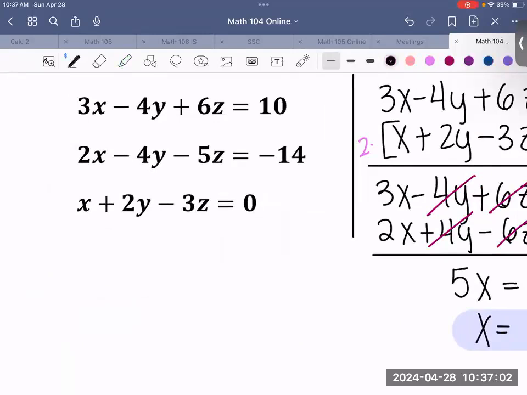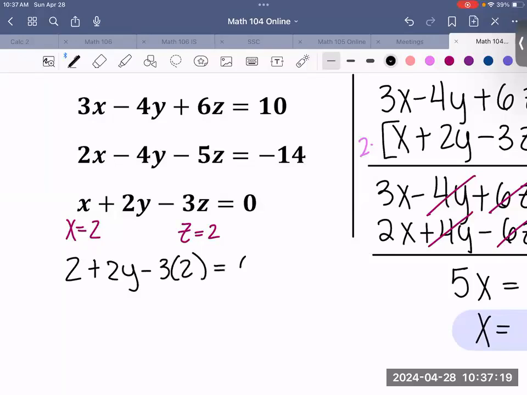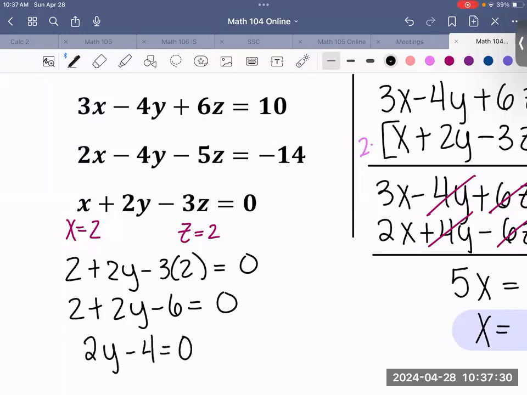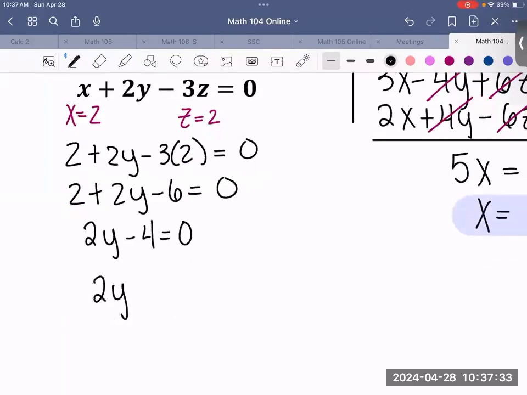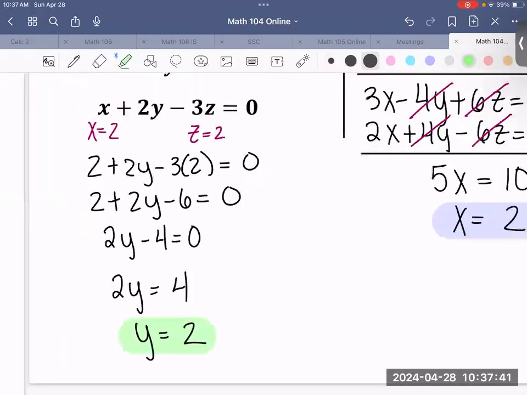My students chose the very bottom one, where we know that x is equal to 2, z is equal to also 2, so there you have your third equation.